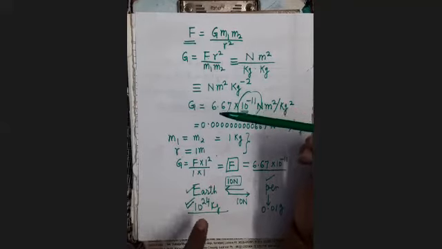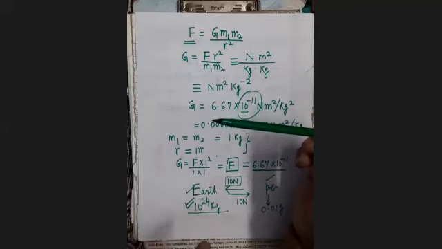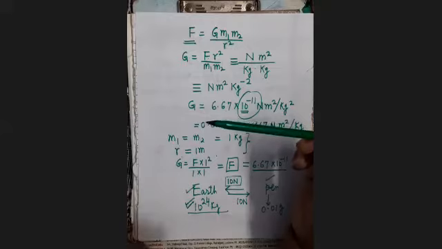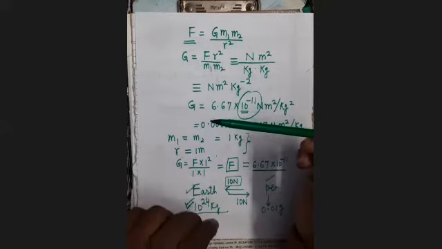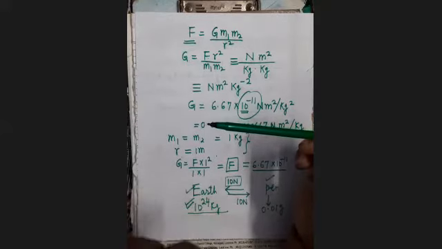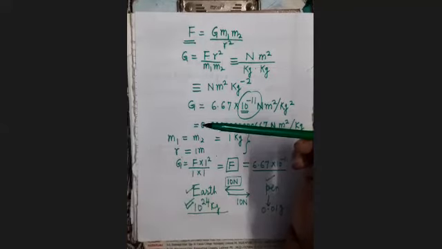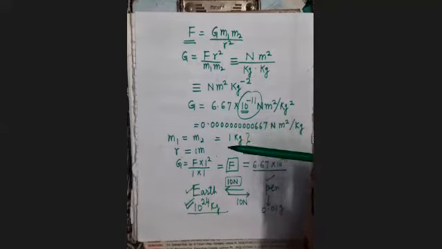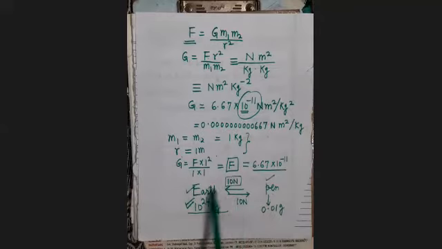But for Earth, it is not sufficient because the mass of Earth is very huge, so there is a very huge inertia of Earth. So a force of 10 Newton will not be able to have any effect on Earth. Did you understand? But both are attracting each other by the same force.